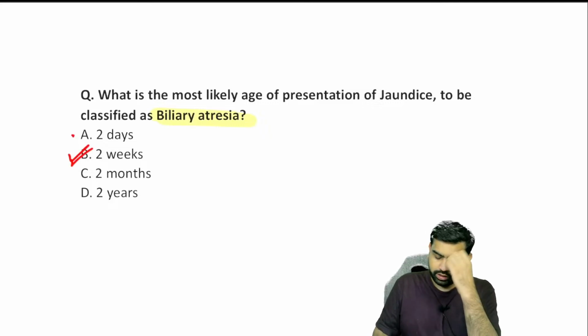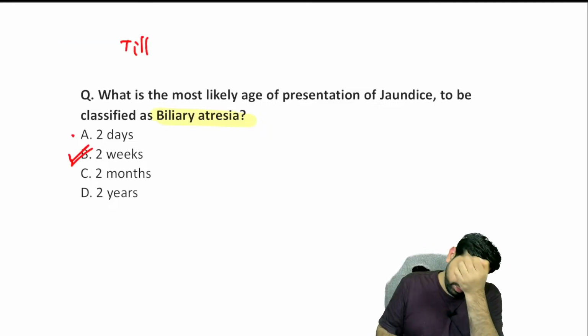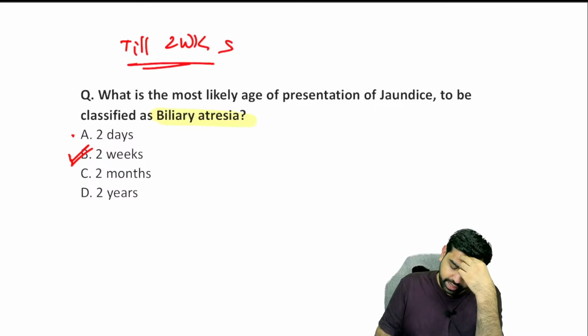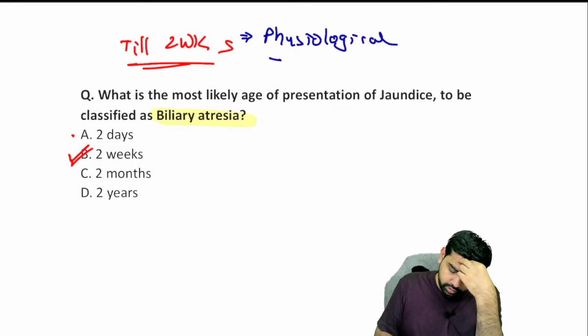So what you need to understand is that till 2 weeks the patients may have what you call a physiological jaundice.